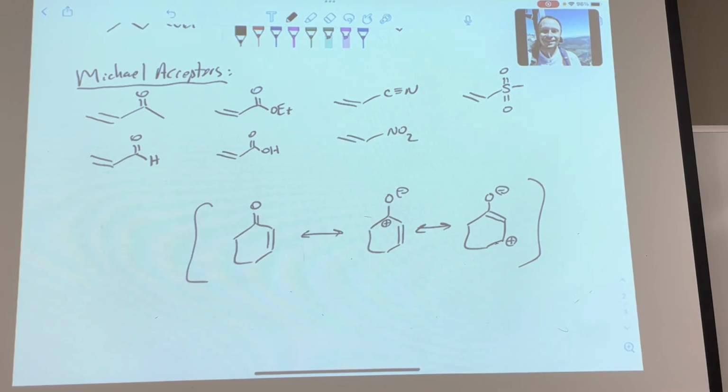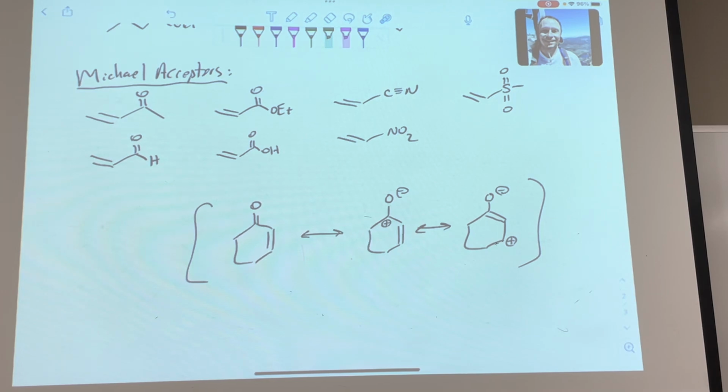What this is showing is that these alpha beta unsaturated carbonyl compounds do not have a single electrophilic site like all the other carbonyls we've seen. They actually have two electrophilic sites. They have the normal carbonyl carbon that is partially positive, but then they also have the beta position that's partially positive. And nucleophiles are attracted to both as a result.